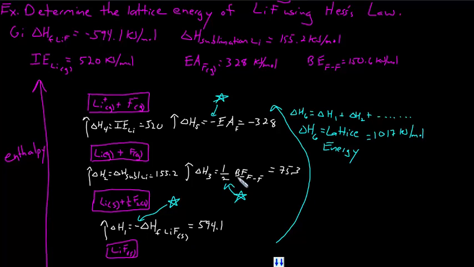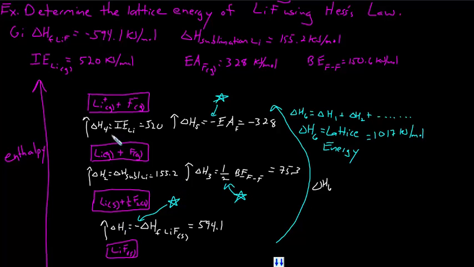You can calculate this whole thing using Hess's law. This whole thing, which we'll call delta H6, is equal to the summation of all the other heats, like heat 1 plus heat 2 plus heat 3, 4, and 5.